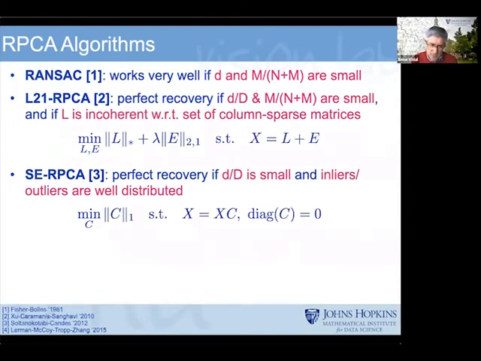Again, this method can be proven to recover the inliers appropriately, but it requires the dimension of the subspace to be small relative to the ambient dimension, and the distribution of both inliers to be well distributed. Typically, you assume that the data is normalized, so everything is in the unit sphere, and outliers being well distributed means well distributed in the ambient sphere, for example.